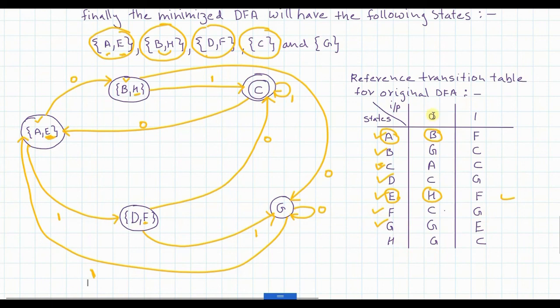And finally H on 0 goes to G. See, BH on 0 is already going to G. So whether it is B or H, both are equivalent, and both on reading 0 go to G. That's the meaning of equivalence. So I don't have to draw it again.